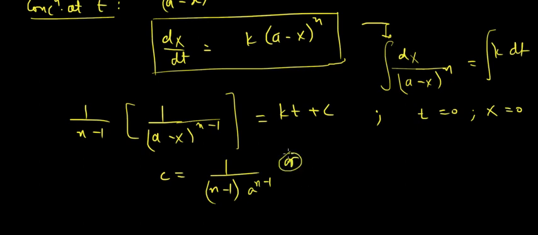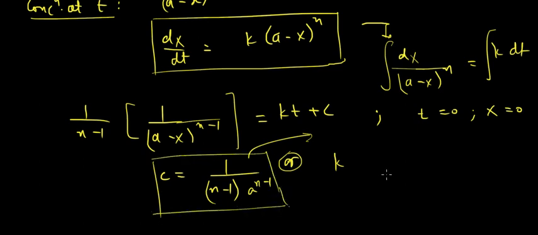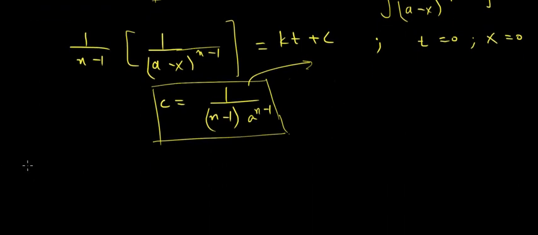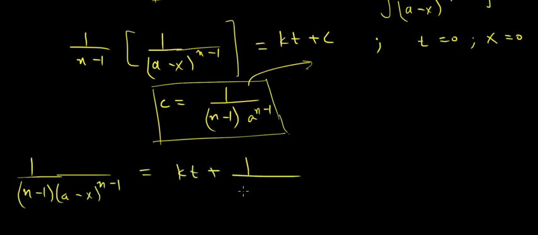When we substitute the value of c in the original equation, let's go step by step. We would be getting 1 upon n minus 1 times 1 upon (a minus x) to the power n minus 1 equal to kt plus 1 upon n minus 1 times 1 upon a to the power n minus 1.